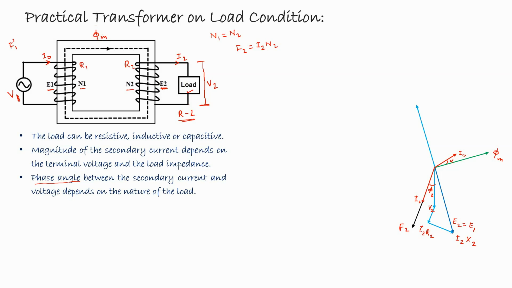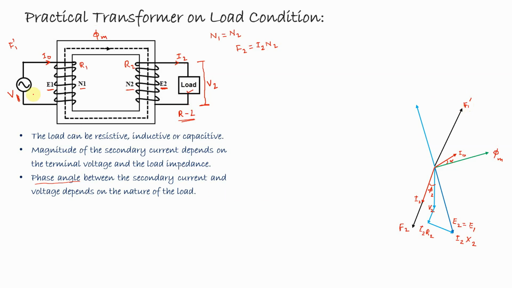So if F2 is developed in the secondary side, its equal but opposite magnetomotive force will be developed in the primary side also. So this is the value of F1 dash, the extra magnetomotive force which is developed in the primary side.